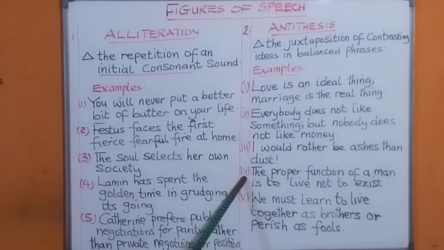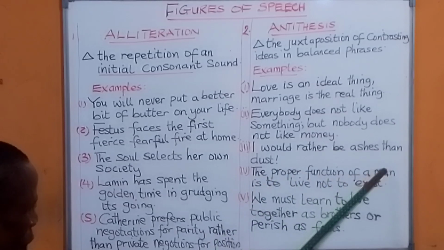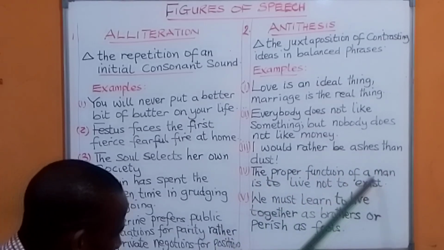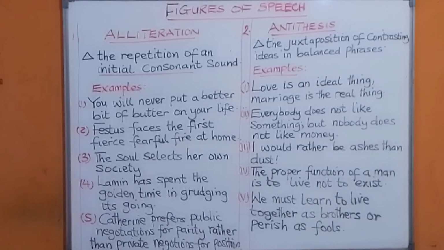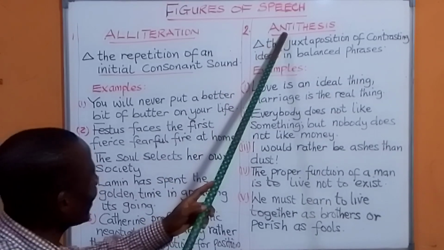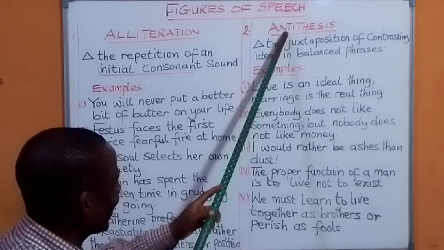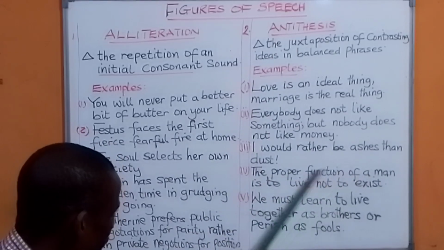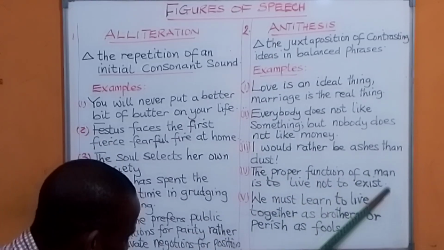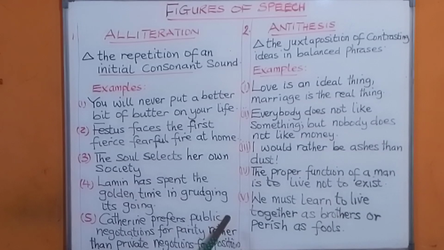Look at number 4. The proper function of a man is to live, not to exist. What's the difference between live and exist? That is what we call antithesis. Look at number 5.